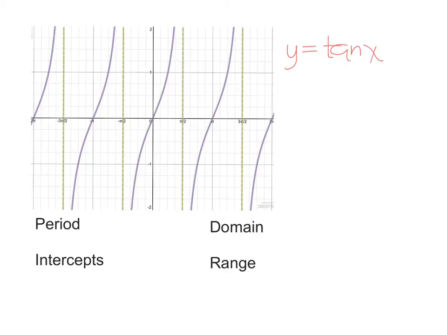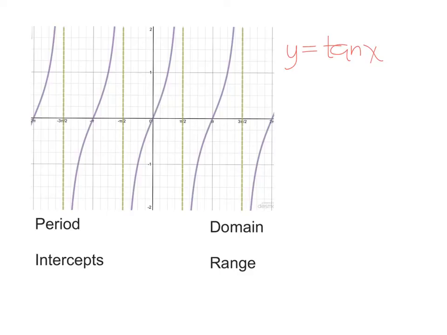This graph here, tan x is the purple lines, right? The green dotted lines, those are the asymptotes. So it does look very different because it's sine x divided by cosine x. So it's a rational trig function.